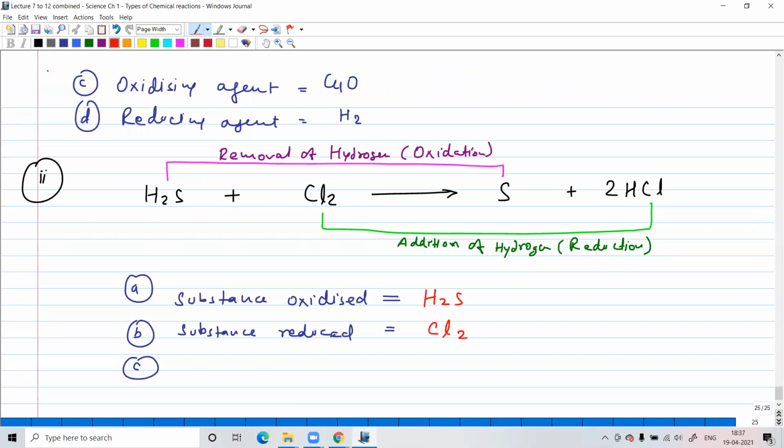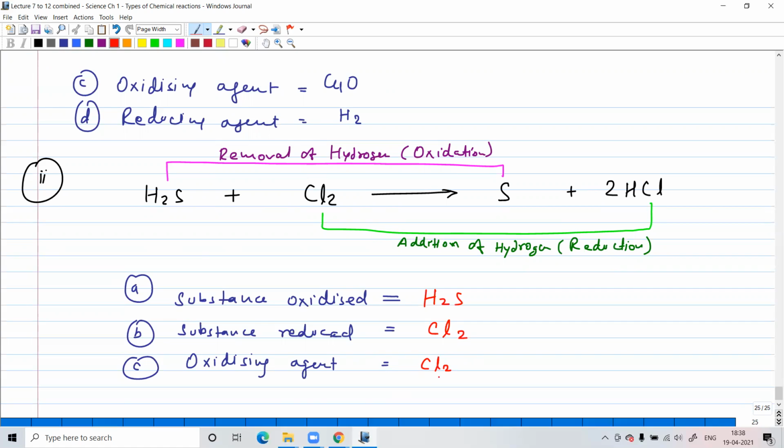So if that is the case, then what is the oxidizing agent here? Chlorine, sir. Yes, it has to be chlorine. Chlorine becomes the oxidizing agent because H2S got oxidized because of chlorine.